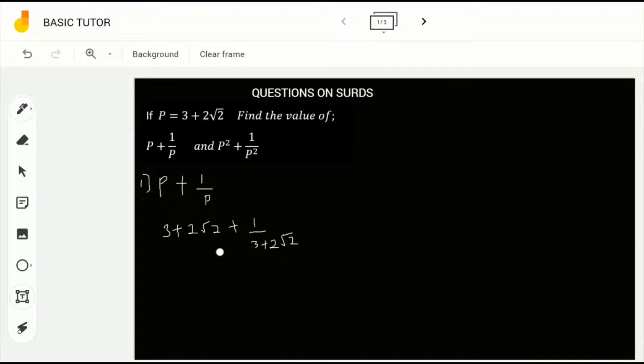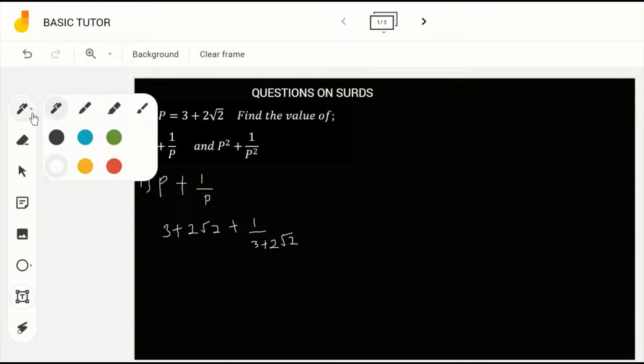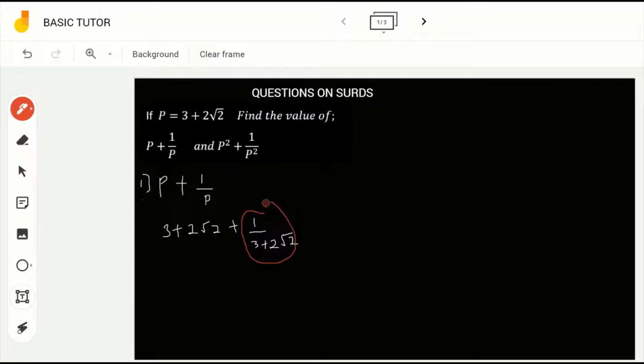Now to solve this kind of question, the first thing we do is rationalize the right hand side.